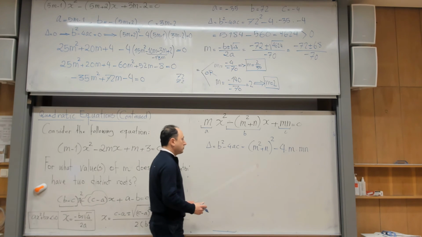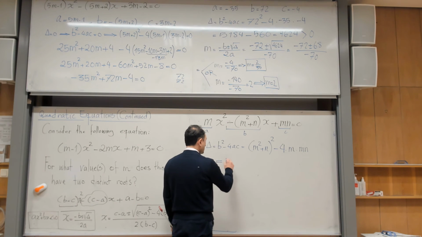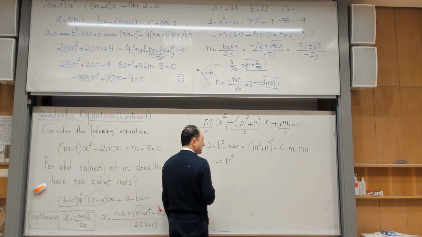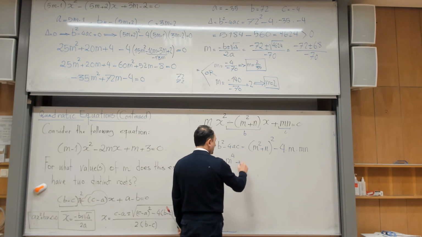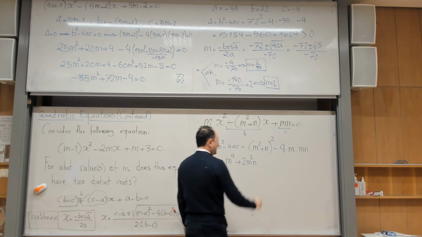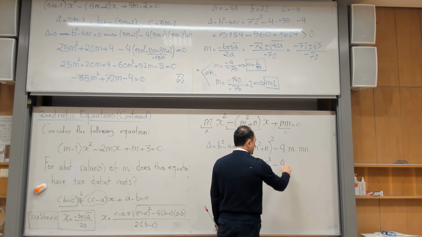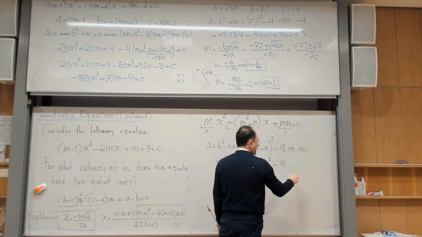So here, what do you think? I can raise it to power 2, for example, by the squaring rule. The first one squared is m to the 4th. 2 times the first one times the second one. And then the second one squared. Minus 4 times m times n is m squared n.